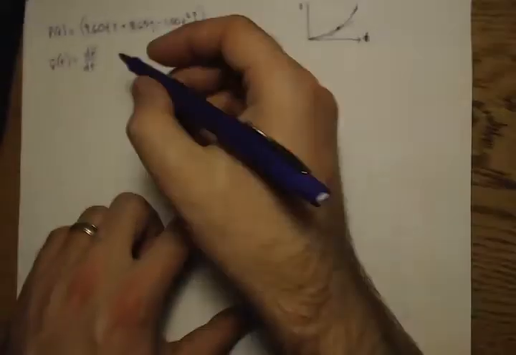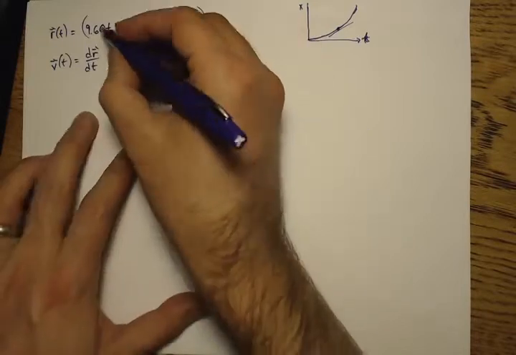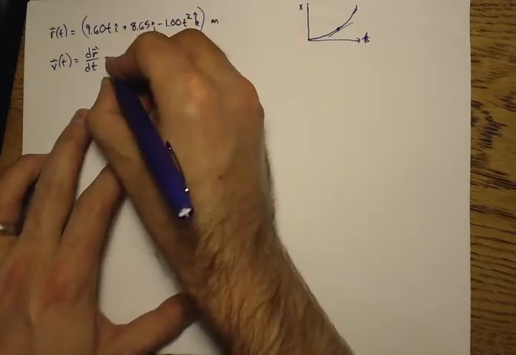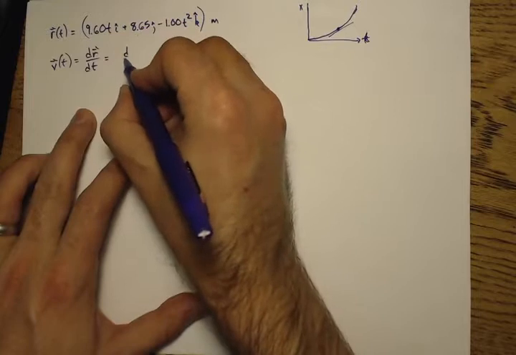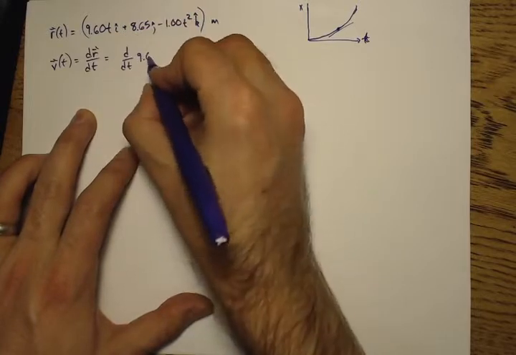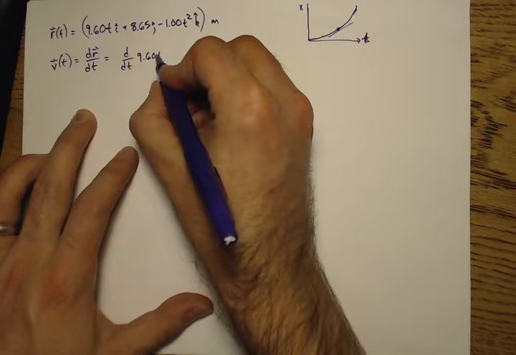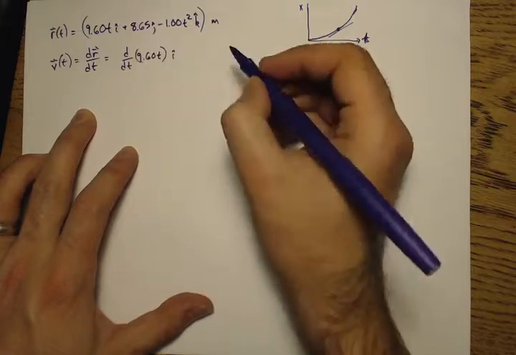And realize you haven't seen this, the back of your book, the appendices, show how to take the derivative. So what I'm going to do is take the derivative of each component separately. So I'm going to take the derivative with respect to time of 9.60 times t, and that's all going to be in the i hat direction.